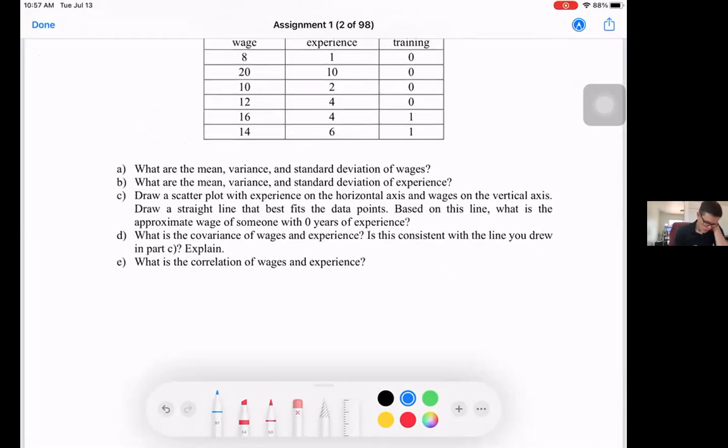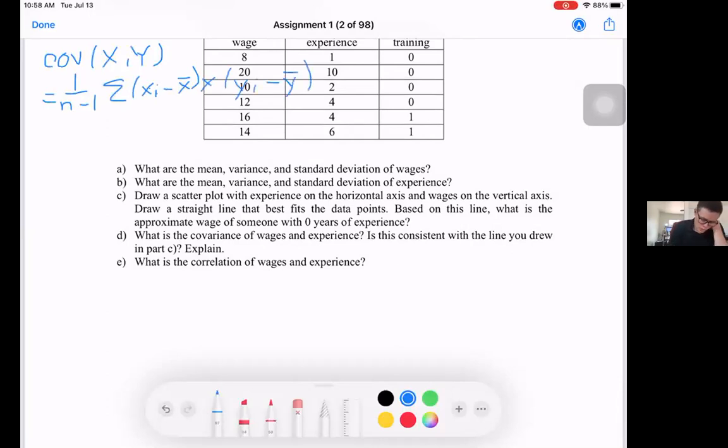The covariance between x and y is going to be 1 over n minus 1 times the sum of xi minus x bar times, sorry, yi minus y bar.